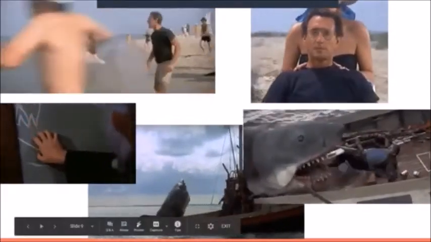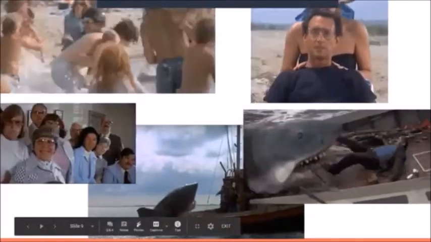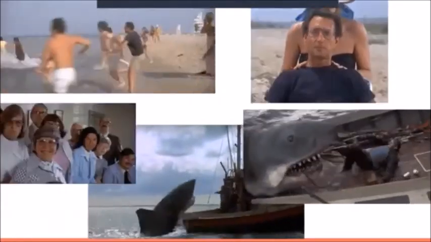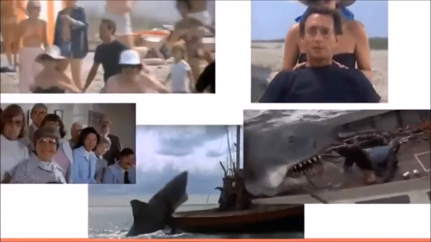We have the shark burst through the floor of the restaurant, just like it jumps on the boat, and it tries to swallow Teddy, just like it actually does swallow and kill Quint in the movie. So there's multiple allusions. These are used for multiple reasons, mostly to make a joke, because the whole episode is a bit of a parody, but it can also be a bit of indirect characterization as well.